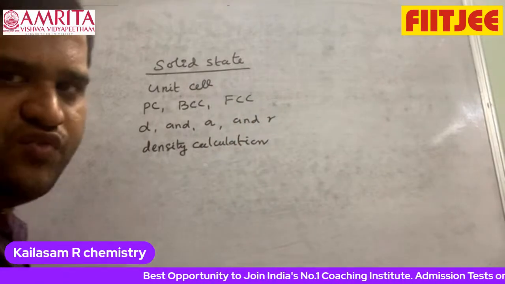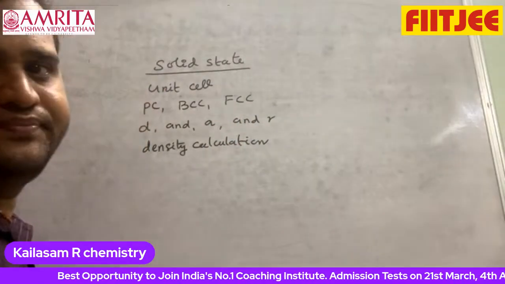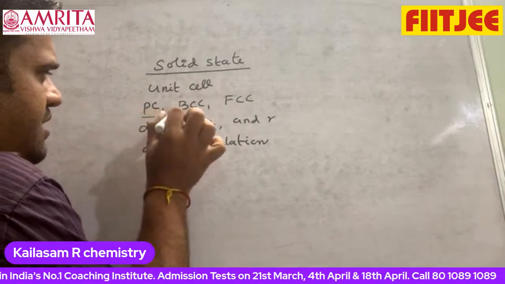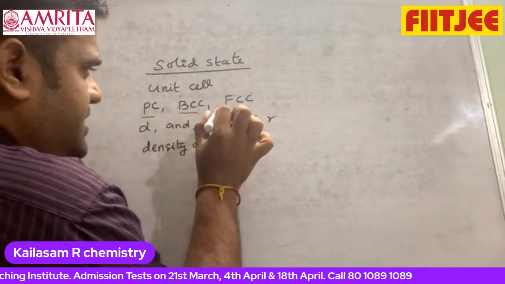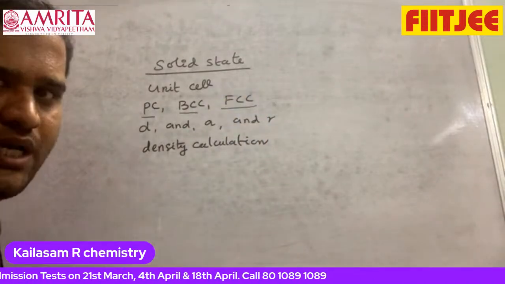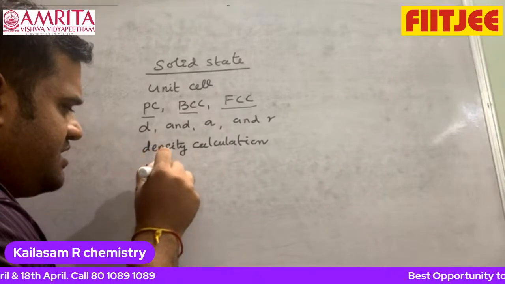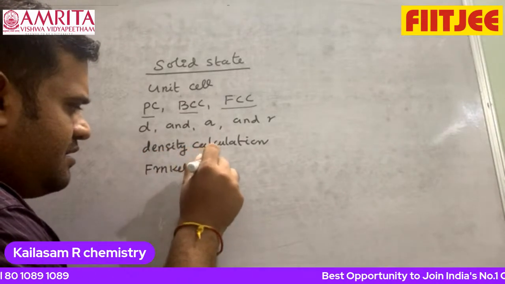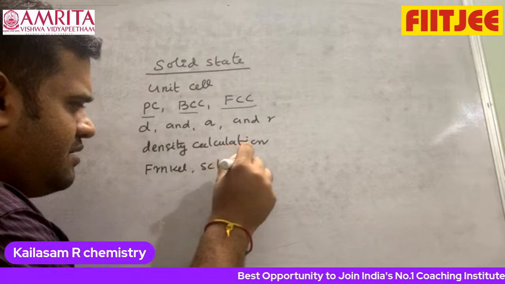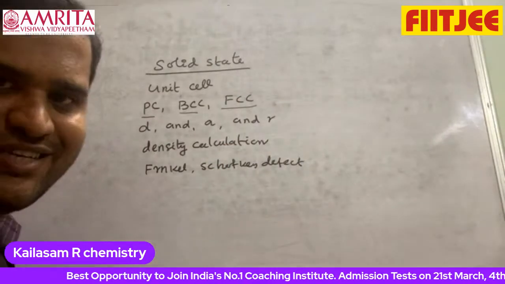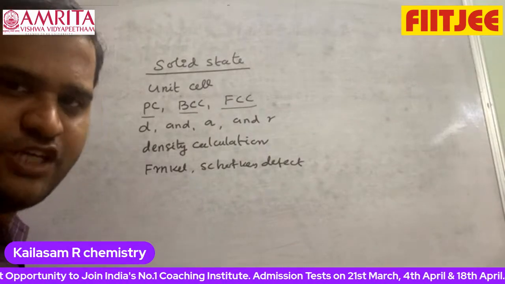So what is the formula of the density calculation? And mainly we are focusing on the primitive cell, body centered cubic, and the face centered cubic. And finally we can go with the Frenkel and Schottky effect, and metal excess defect, I mean non-stoichiometric defects.